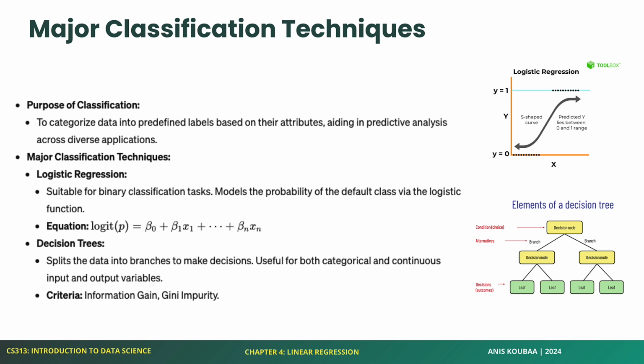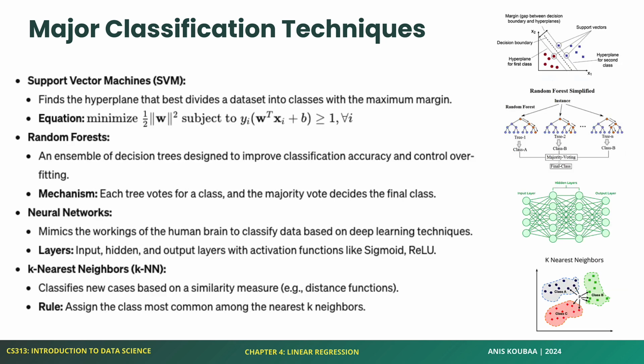But there are other ways, like decision trees, which split the data into branches to make decisions. This is useful for both categorical and continuous input and output variables. We will cover all of these techniques. Support vector machines are one of the most popular machine learning techniques, basically based on the concept of a hyperplane that best divides the data set into classes.